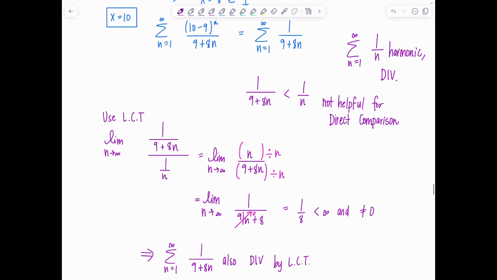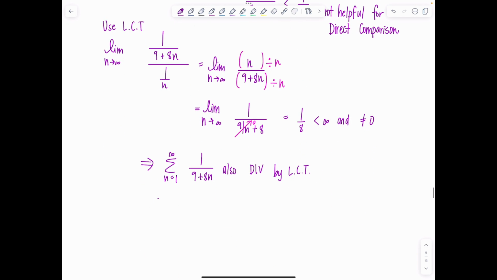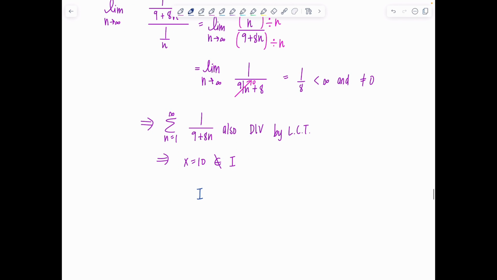So the endpoint I was testing, 10, is not going to be in the interval of convergence. Nope. Sorry, 10. Okay, so let's write out then what the interval of convergence is going to be. It did include 8, but not 10.